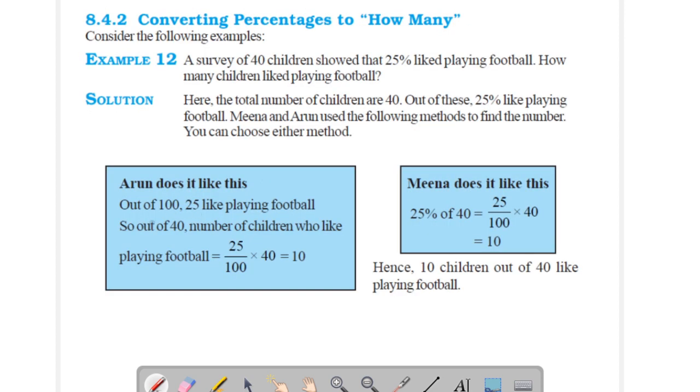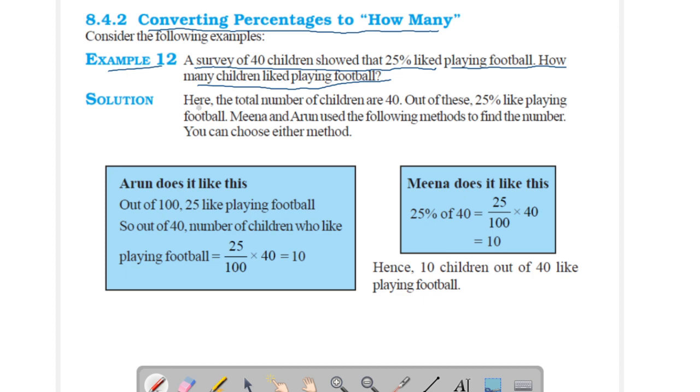Now come to next, converting percentage to how many. Say for example 12, a survey of 40 children showed that 25% like playing football. How many children like playing football?